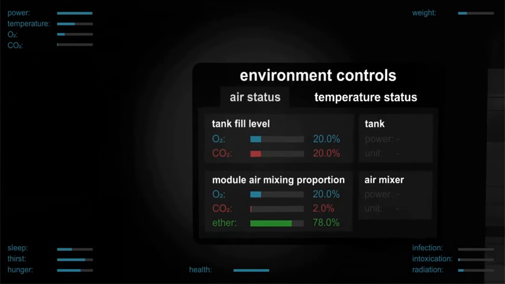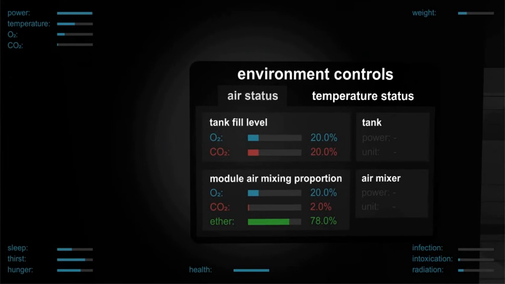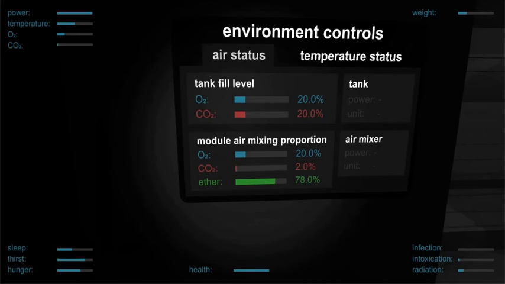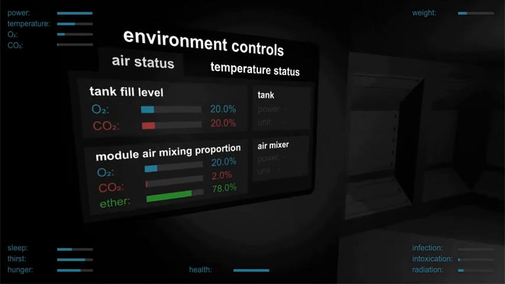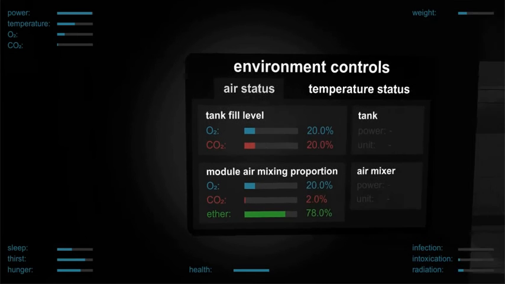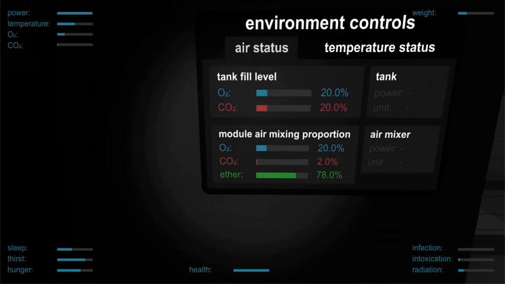We can see here there is some information about the tank fill level, about the tank itself, about the module air mixing proportion, and the module air mixer. Different values for O2 and CO2, and for example ether as well.